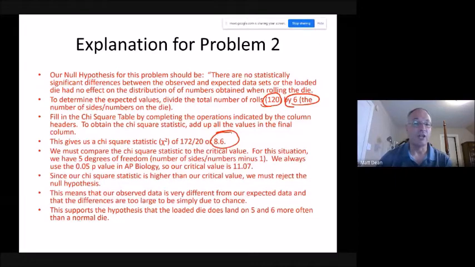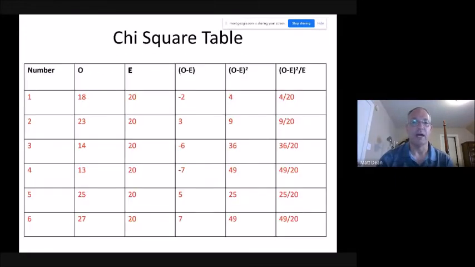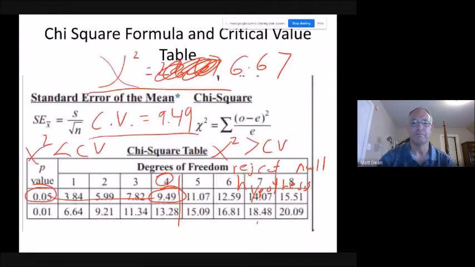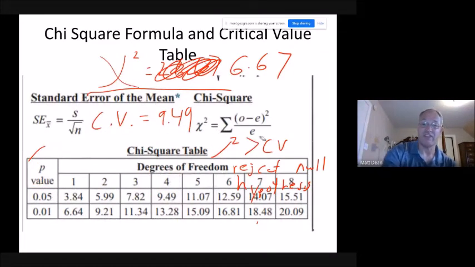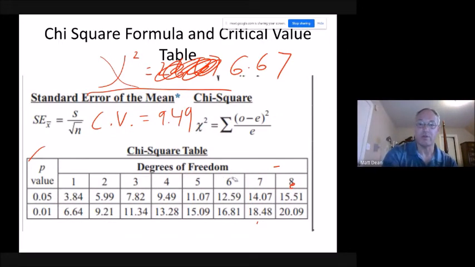Next, we need to find our critical value. To do that, let's go back to our table. We had 6 numbers, right? 6 phenotypes, 6 outcomes, 1, 2, 3, 4, 5, or 6. So our degrees of freedom are always 1 less than that. So 5 degrees of freedom. In AP Bio, you're going to always use this 0.05 p-value. So you look where those intersect. And they intersect at 11.07.